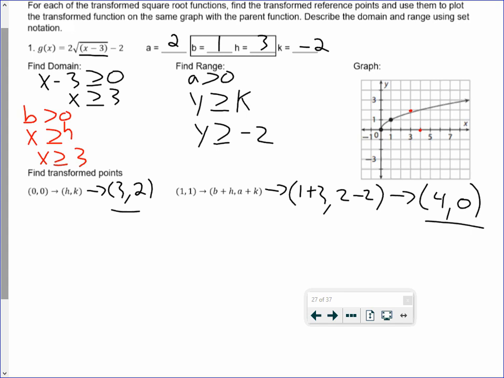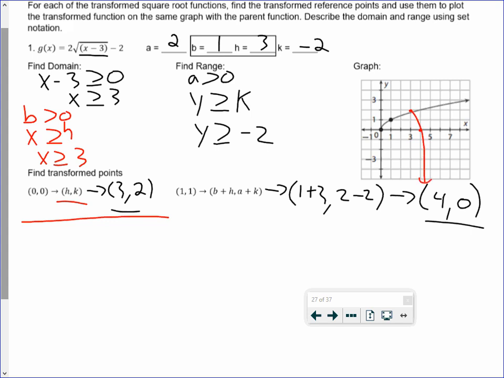Once you have your points on the graph, when it comes to graphing the actual function, we always want to start our function at our h, k point, or in other words, at our initial point that came from 0, 0. So our 0, 0 transformation gave us the point 3, 2. So that's where we start, and we're going to go from there.